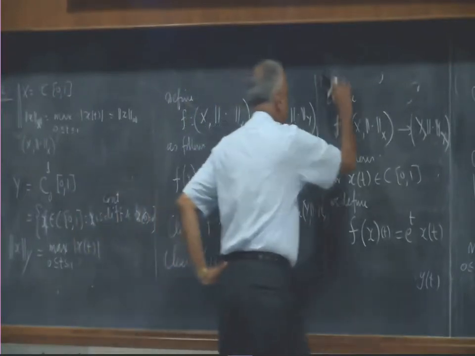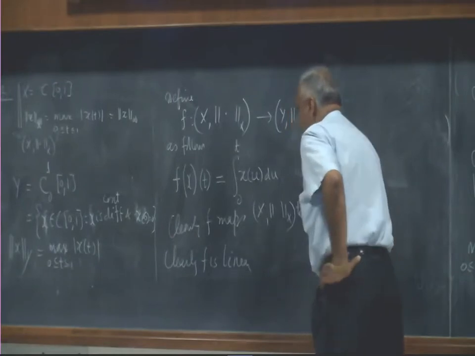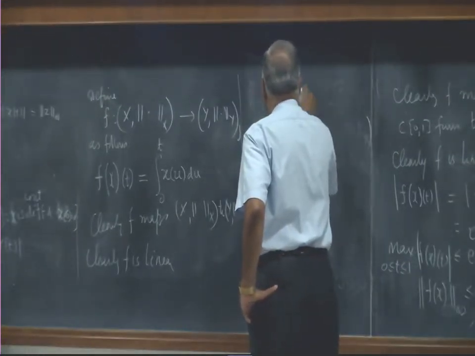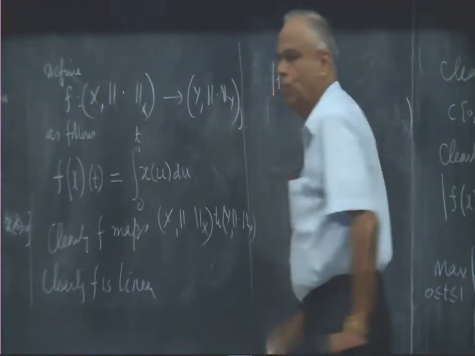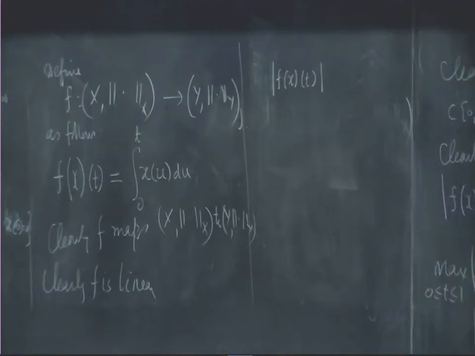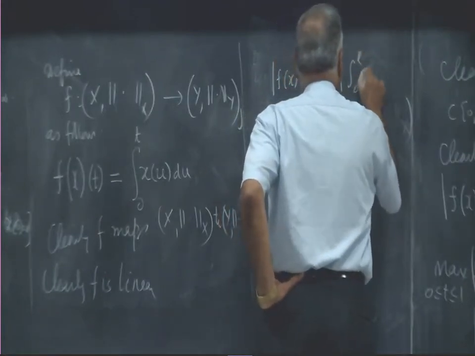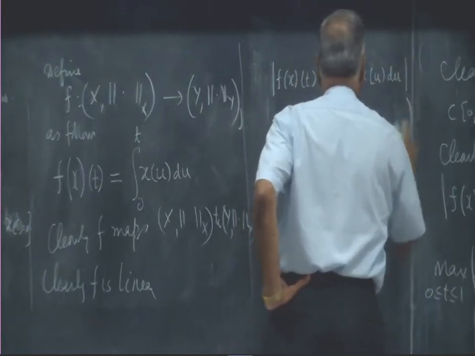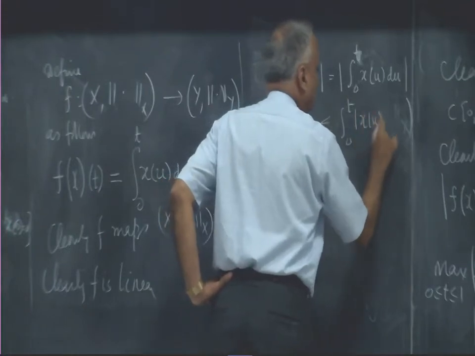What about boundedness? Let's again calculate mod f(x)(t). We want to show that the maximum of this is finite. That is what we mean by saying it's a bounded function. This is equal to the modulus of the integral from 0 to t of x(u) du, but that is less than or equal to the integral from 0 to t of mod x(u) du.